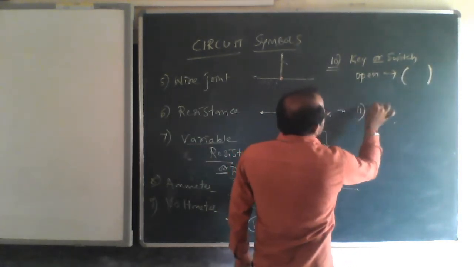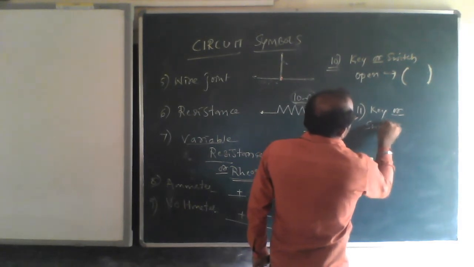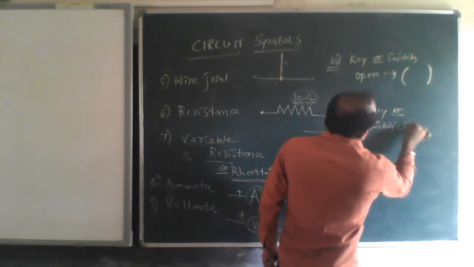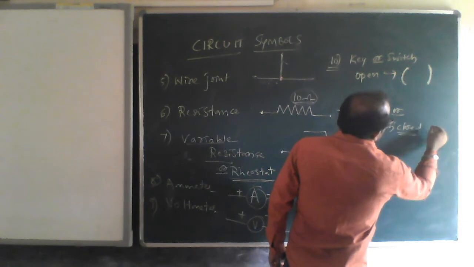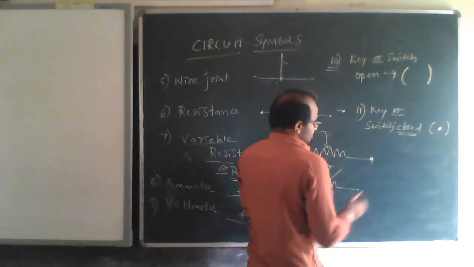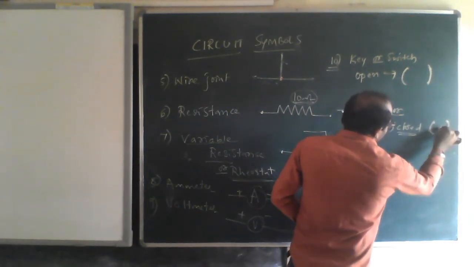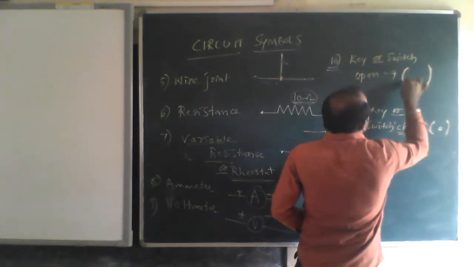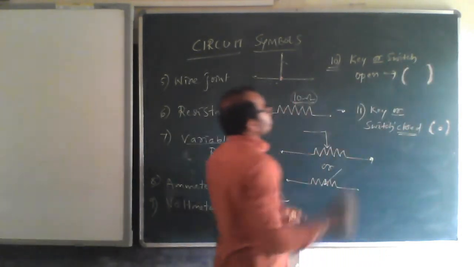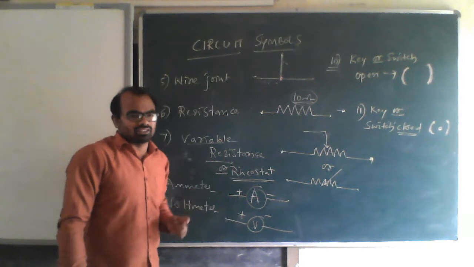And if key or switch is closed, we represent it like this. This is key or switch closed. This is key or switch open, like this. Key or switch closed will be like this.